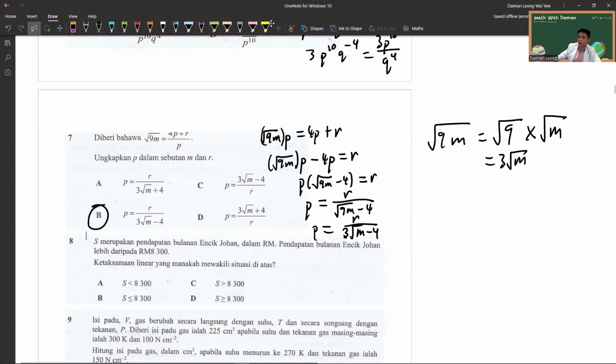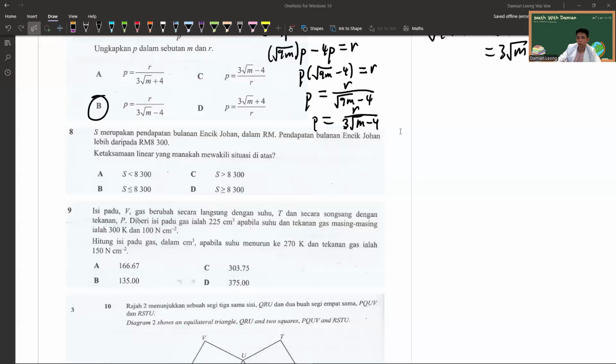Just like that. Then, question 8. S is the money income for Encik Johan in ringgit. So the money income of Encik Johan is more than, lebih daripada means more than, 8,300.